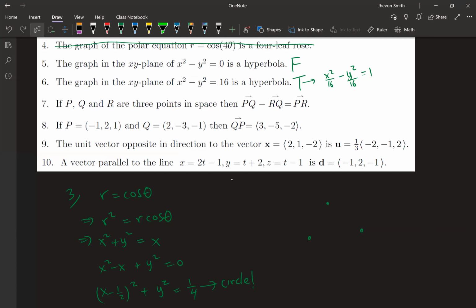So we're looking here at problem 7. 3 points P, Q, and R. So if you look at PQ and you look at RQ, if you take this minus that, what do you think? So now they're asking about this vector here, PR.